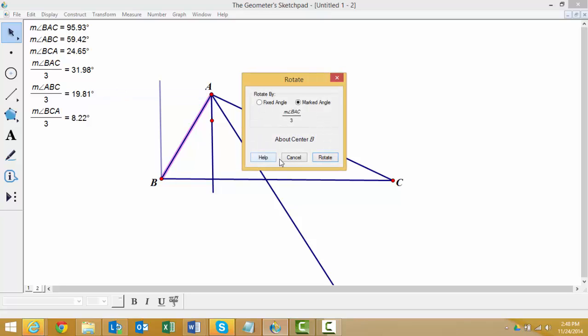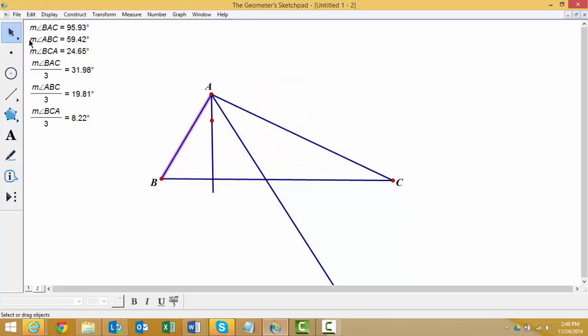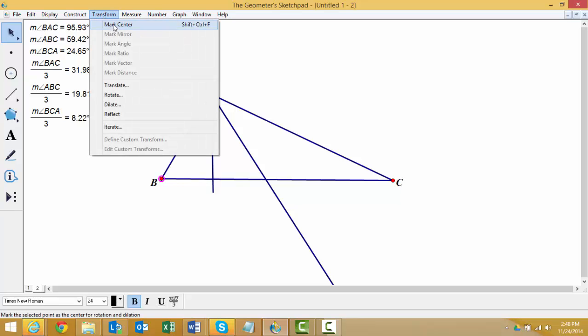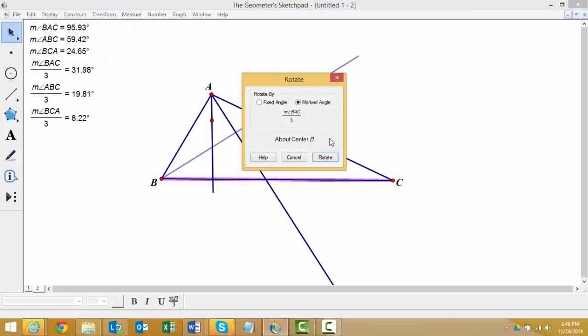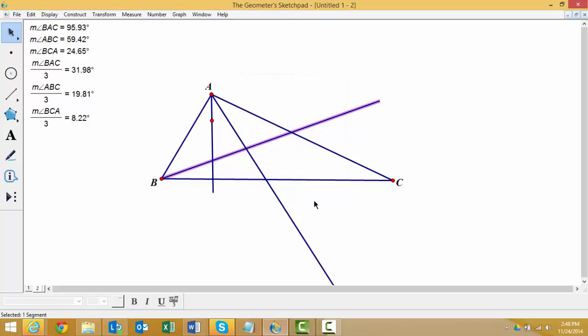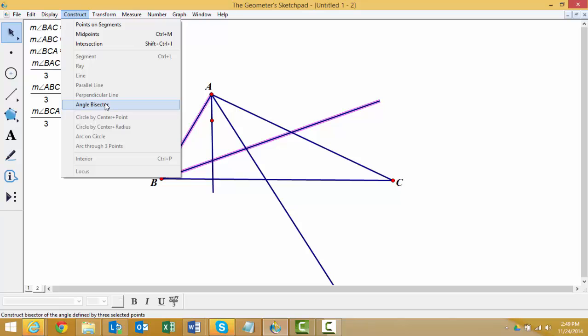It's on the other side. I don't like that, so I'm going to cancel that. So I pick that point, transform, mark center, take this side and then transform, rotate. I want to rotate this angle. Okay, rotate. Now I want to bisect this angle, so take these two and construct angle bisector.